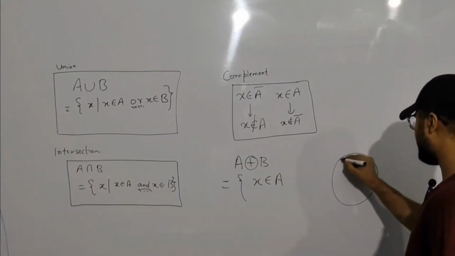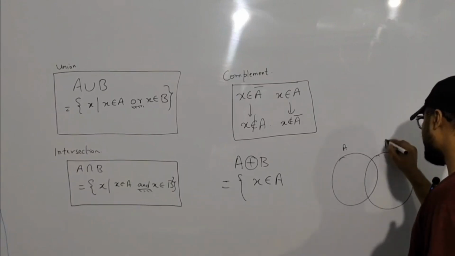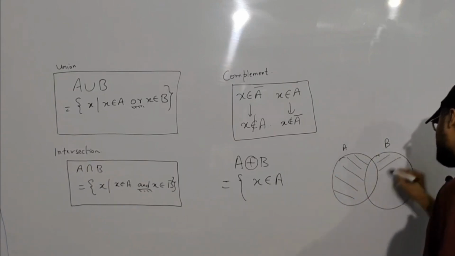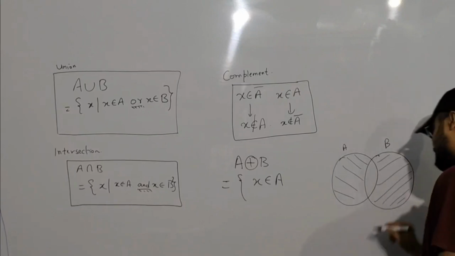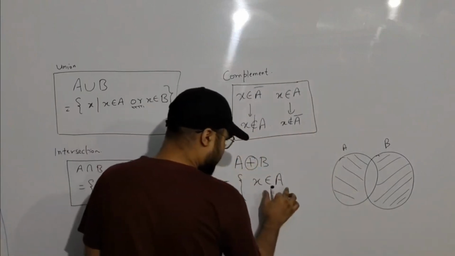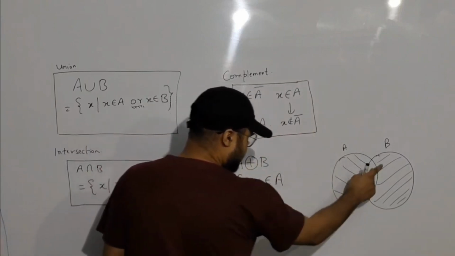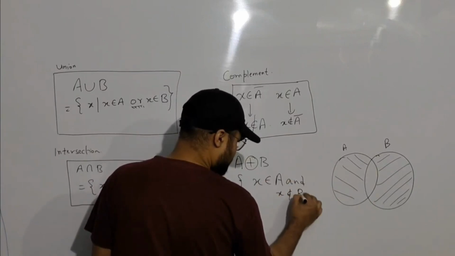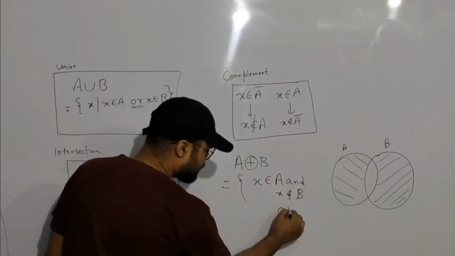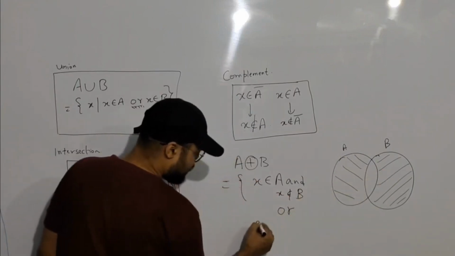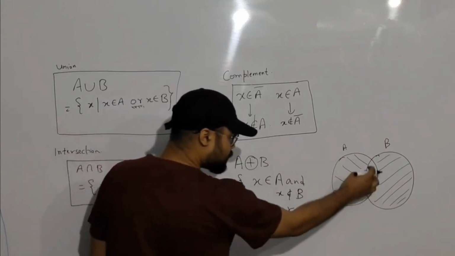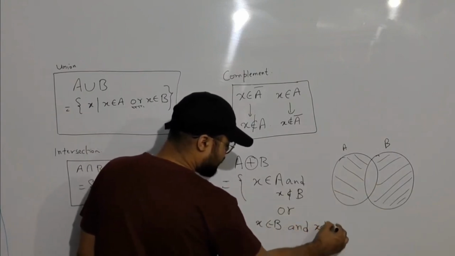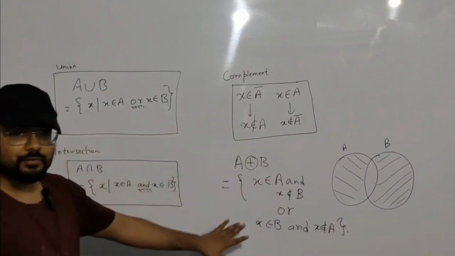So if this is your A and this is your B, then apart from this intersection part, all of it is in A symmetric difference B. So it's X belongs to A and X does not belong to B, so this portion is covered, or X belongs to B, but you have to make sure this part of B is not included, so X does not belong to A. This is your direct definition.